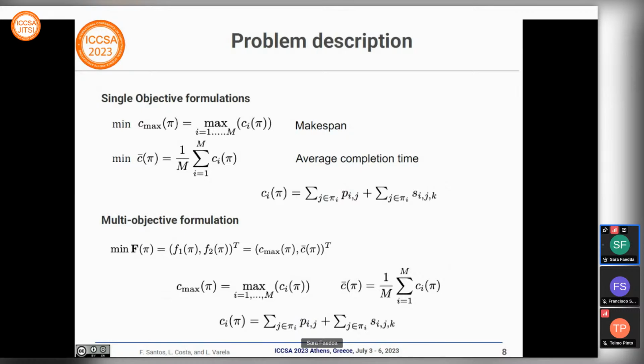This is a traditional single objective approach, and then we also consider the multi-objective formulation, in which we want to minimize the two objectives simultaneously.